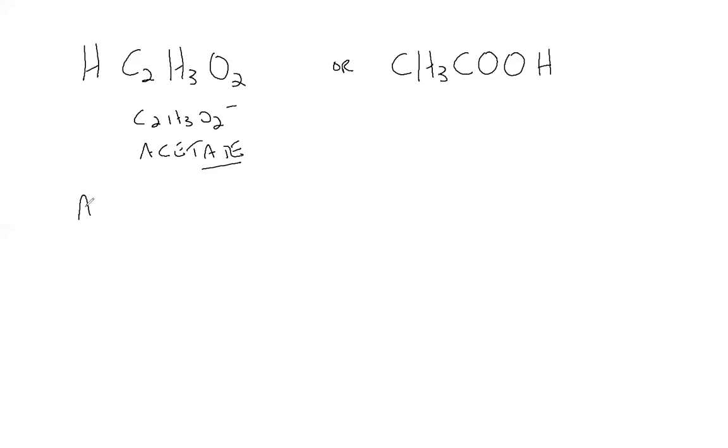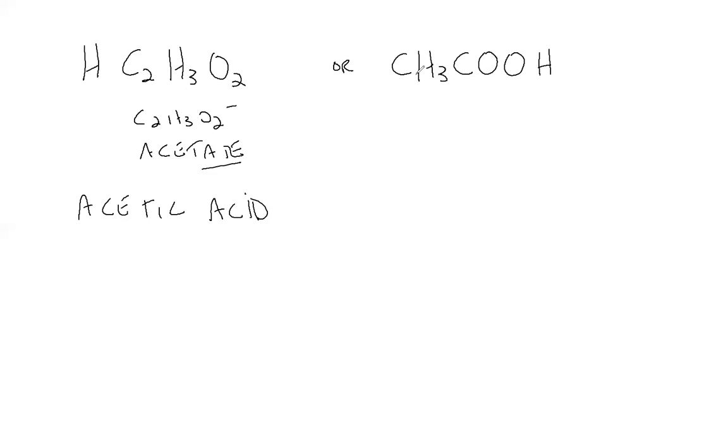So this is acetic acid. So that's going to be a really important acid when we do AP chemistry. And this is the acid that's in vinegar. Normal household vinegar is about 5% acetic acid. So this over here is also acetic acid.